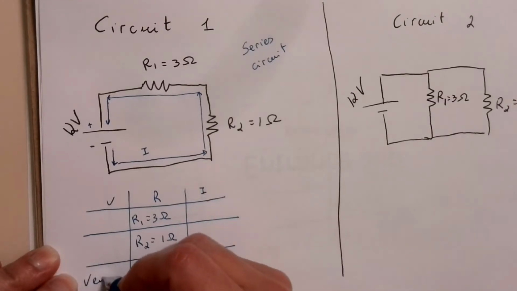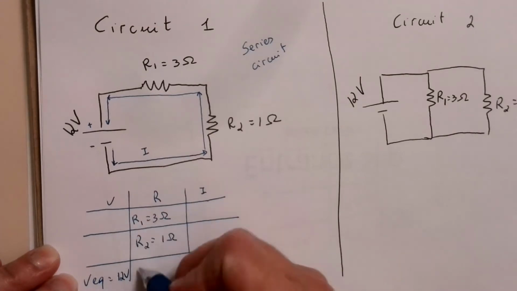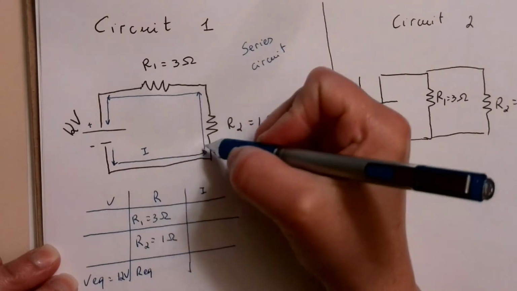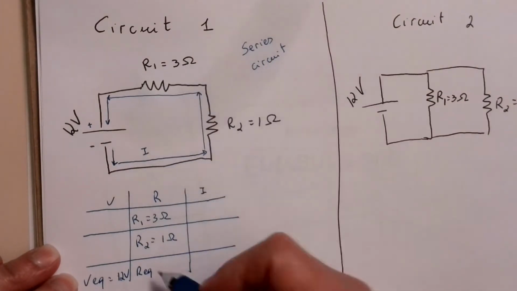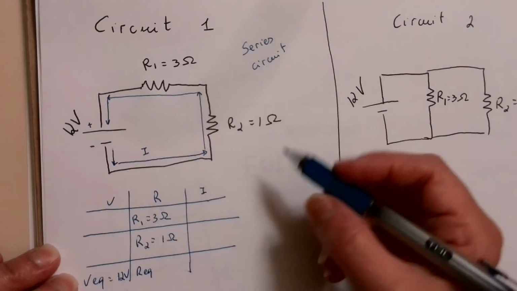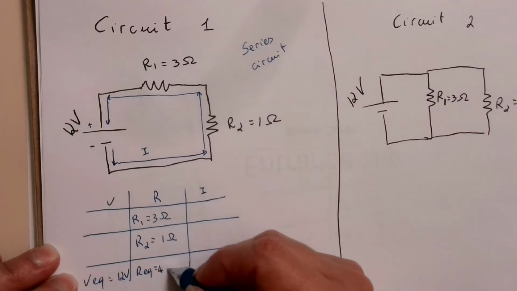And then you have the V equivalent, which is the one that I'm giving you, 12 volts. The R equivalent, well, this is a series circuit, so the current is just the same throughout. The equivalent resistor is just the sum of those two resistances. So it's going to be 3 plus 1, which is 4 ohms.